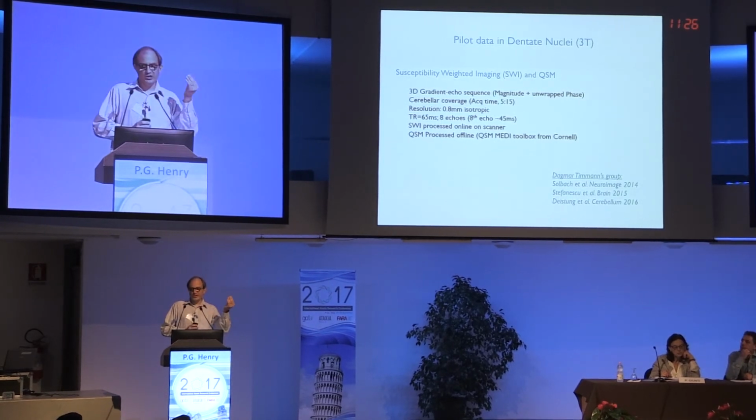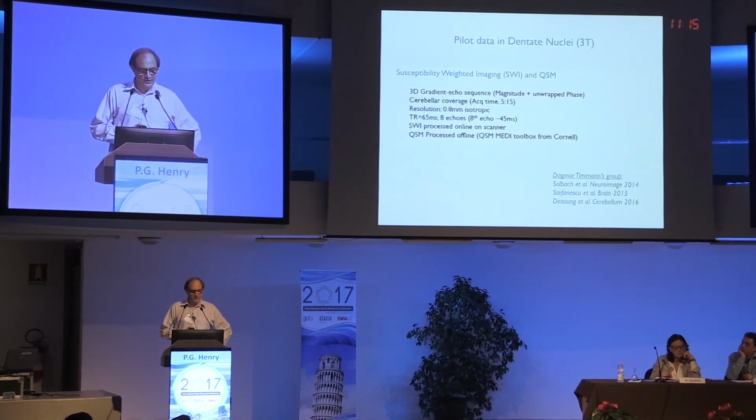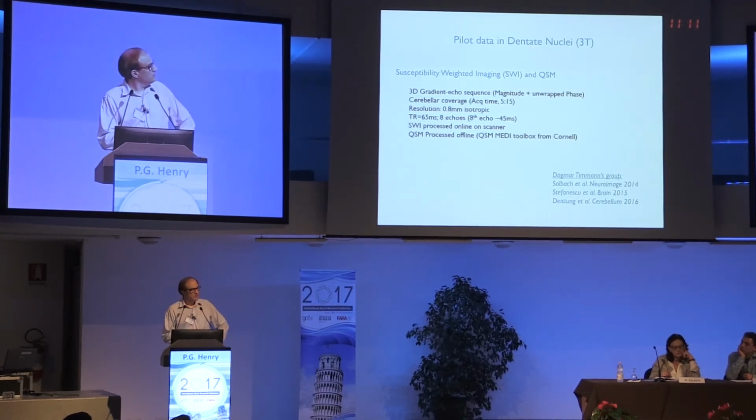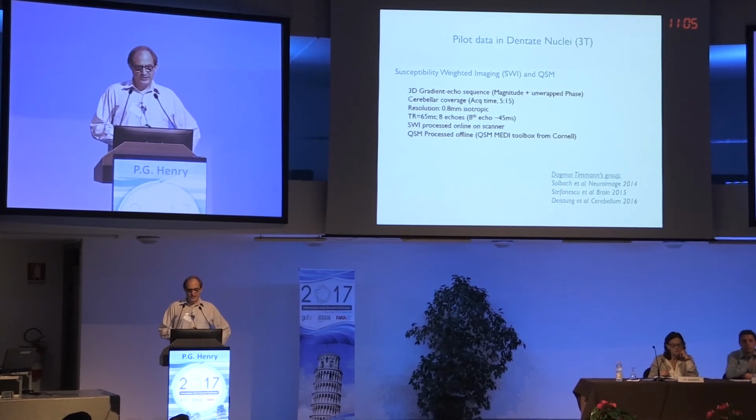Dentate nucleus is very rich in iron. But if we do T1 images, we don't have much contrast. We barely see the dentate nucleus. But if we use SWI and QSM, we see it much better. And for this work, we drew on several recent publications by Dagmar Timman's group that showed SWI and QSM in Friedreich's ataxia.